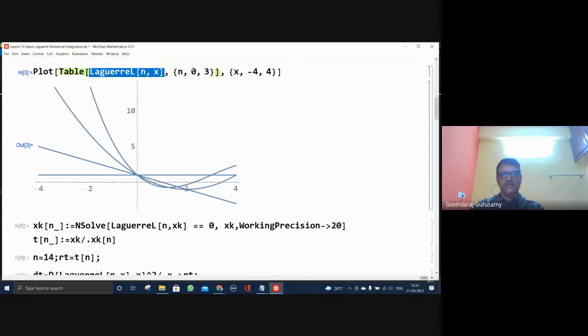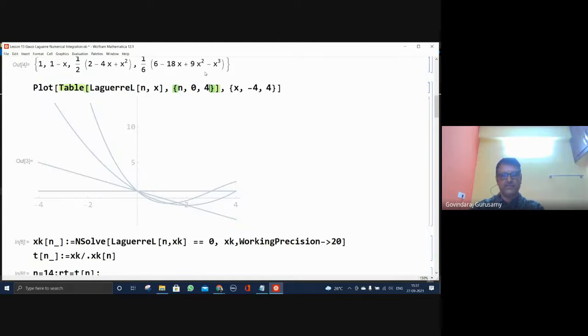Now we can see for 0 to 3, there are four of them. All four have been plotted here from -4 to +4, and they are all crossing here, but on the left-hand side they don't cross. You get the point? You're able to see that. Suppose I add one more or two more, to make 5.